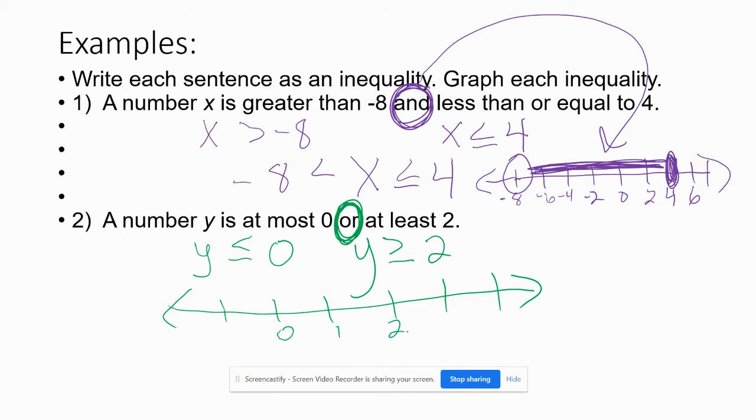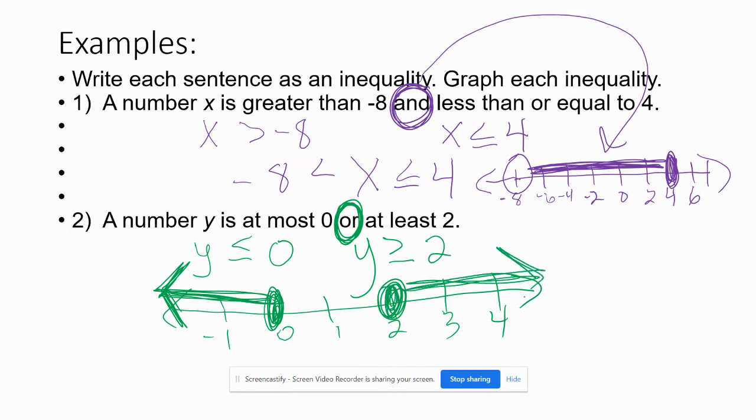So 0, 1, 2, 3, 4. We have a closed circle at 0 because of the equal to. Less than is left. Closed circle at +2. Greater than is to the right. And those are going to be our answers. You try numbers 3 and 4.